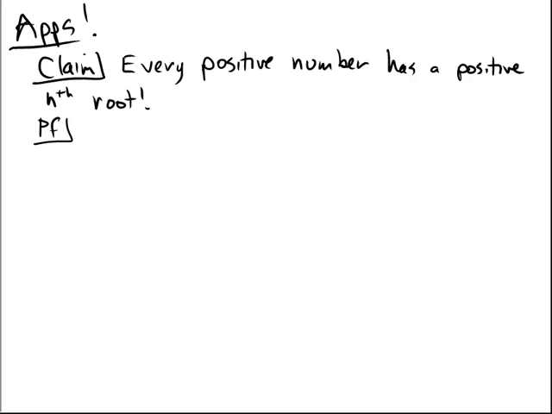Okay, now for all you applied ladies, you wanted to see some applications finally, right? So here's some applications. First claim, every positive number has a positive nth root. Prove that every positive number has a positive nth root. Every positive number, so let k be a positive number.